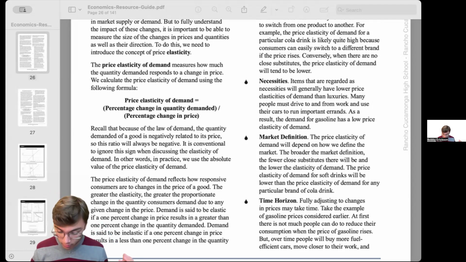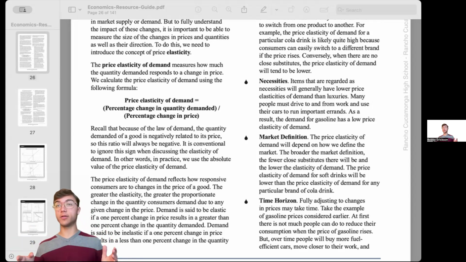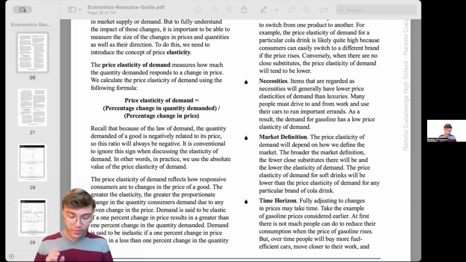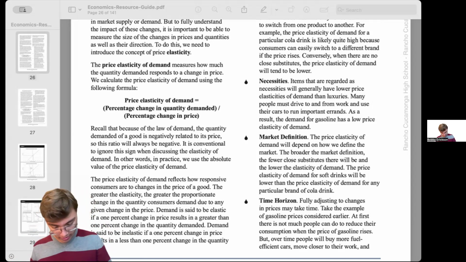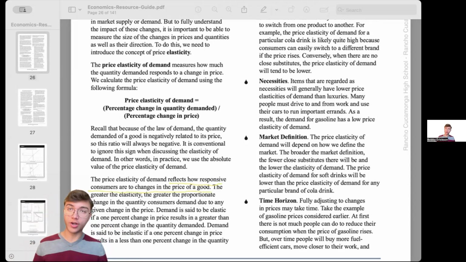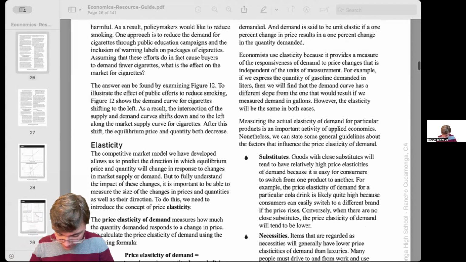So we don't need to worry about the sign itself, but instead we can just take the absolute value, which is just making it positive. And so the formal definition is that it reflects how responsive consumers are to changes in the price of a good. So if something is highly elastic, let me scroll up here.